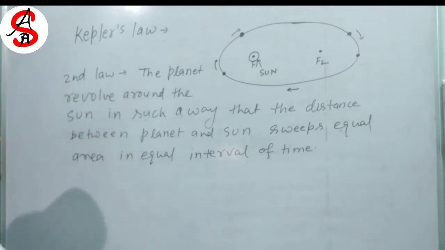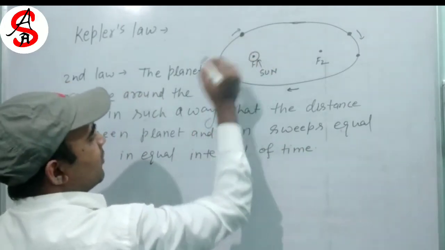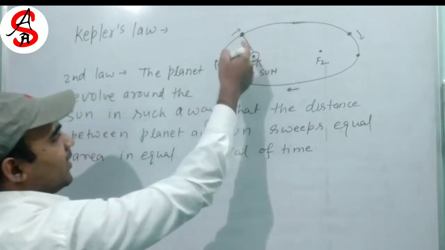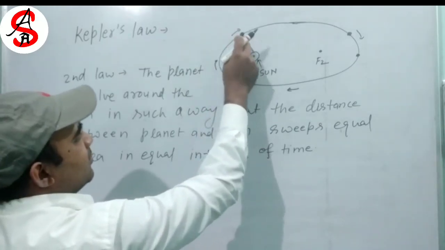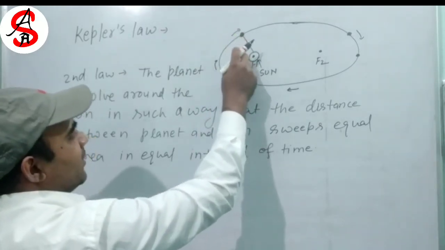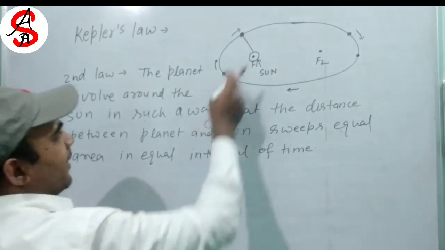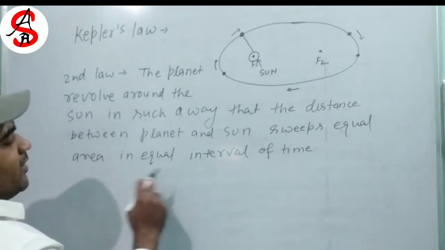That is, this planet is revolving around the Sun, and the line joining the Sun and planet is the distance between planet and the Sun. It will sweep equal area in equal interval of time.